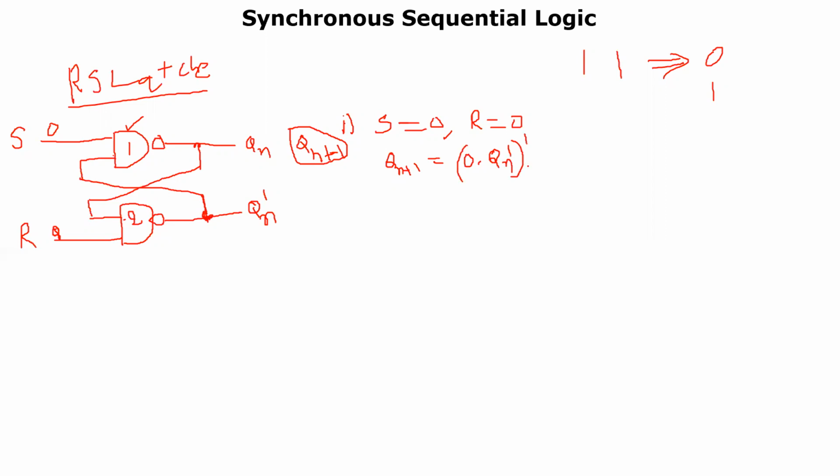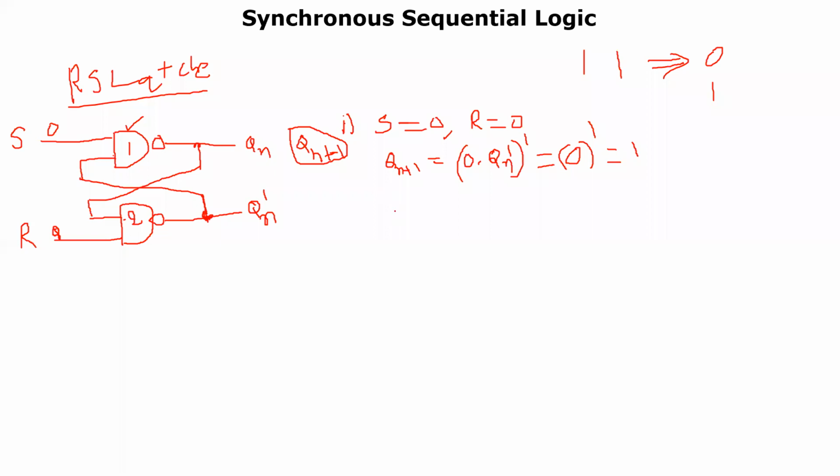A NAND gate will always give you the whole complement. So 0 into anything will be equal to 0. Therefore 0 whole complement will be equal to 1 here. So finally you could get Qn as 1. You got one particular value for Qn.